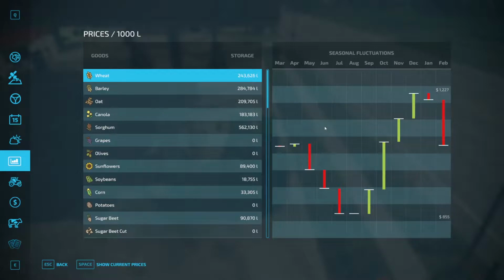You do the math and you get what the game is going to pay you for wheat. So just using base game values, nothing else, wheat is going to pay us $407.77 per 1,000 liters.